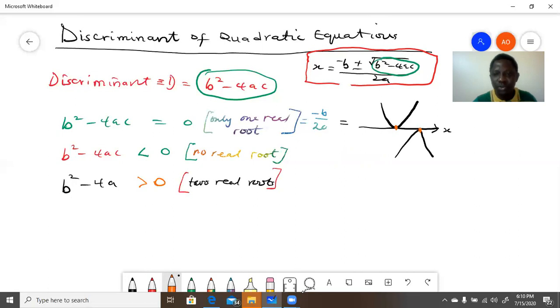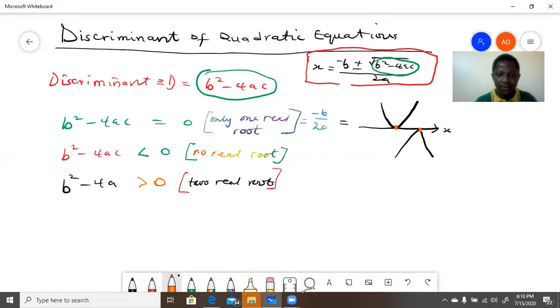It does not touch 2 points. So if your parabola is facing downward, it will only touch the x-axis at 1 point. Or if it's upward, it only touches the x-axis at 1 point. It does not touch more than 1 point. That shows that the discriminant is equal to 0. It means you have only one solution for your quadratic equation.